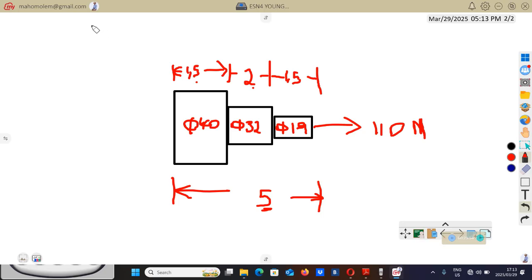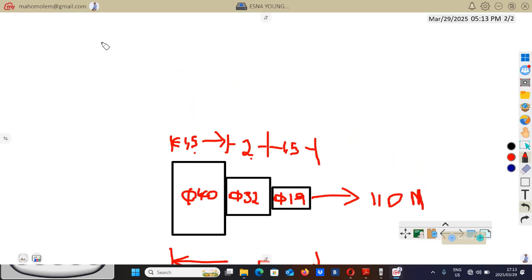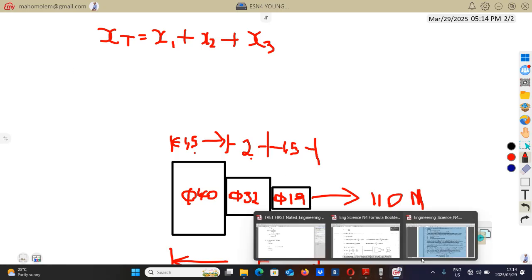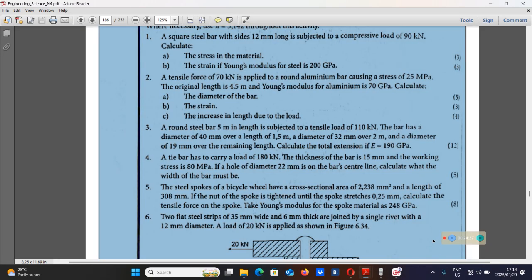to calculate that x total, we're going to just copy that formula: xt equals to x1 plus x2 plus x3. So let me go back to the question, calculate total extension.